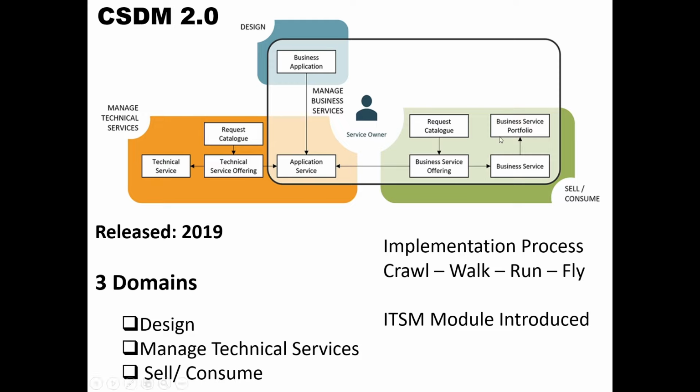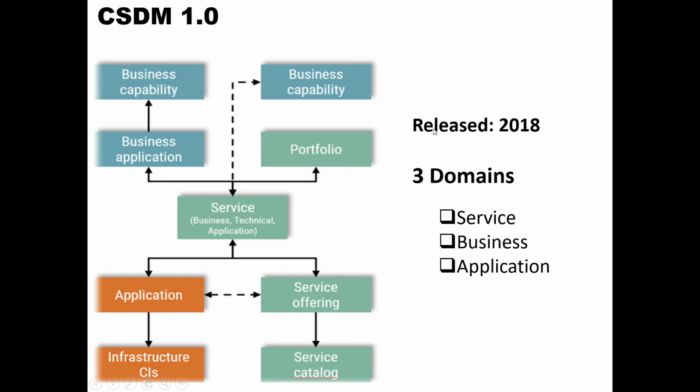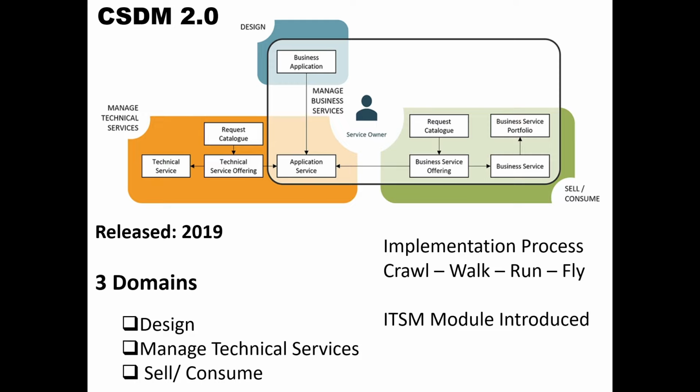And they introduced the business service portfolio; it's nothing new, but I can say it's a club, making a bundle there. Also, if you notice, in the managed technical service part, the technical service and offering have been introduced, and linking has been done with the application service. It means I can say, okay, I am the service provider who can provide deployment as a technical service, deployment as a service.